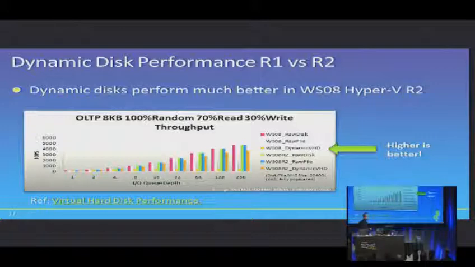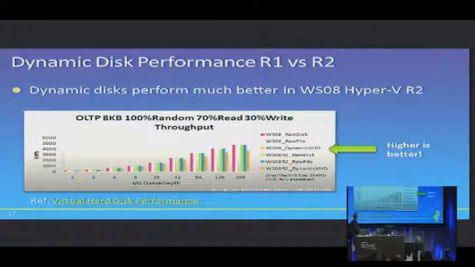So there are a couple of things to take away here. The first one is, if you're using 2008 RTM, please do not use dynamic disks if you care about performance. If you're using R2, on the other hand, consider dynamic disks. They allow you to do thin provisioning, and the performance is pretty close.